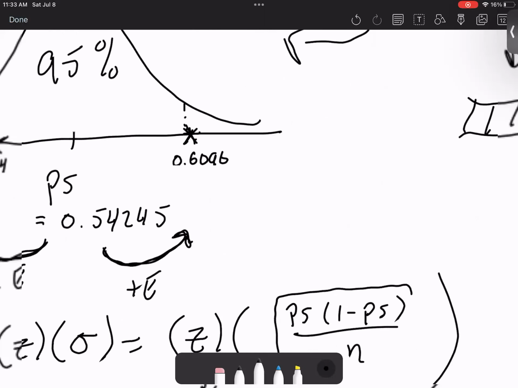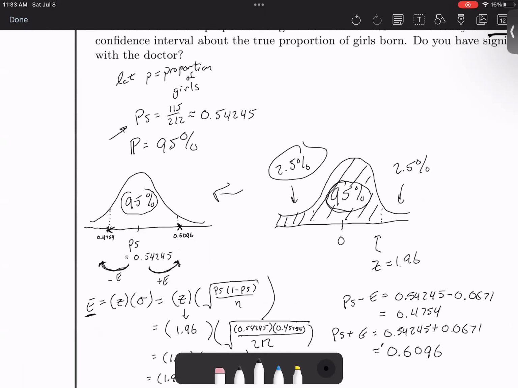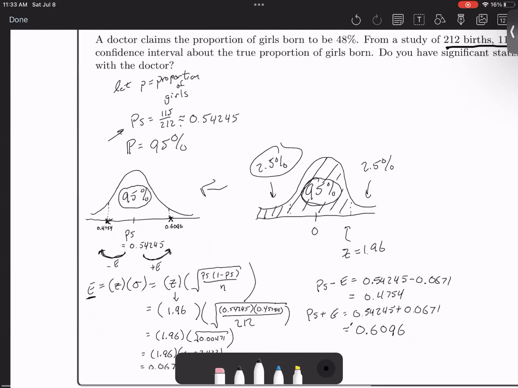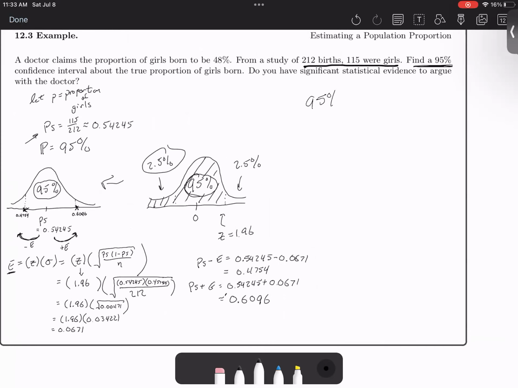So we just told ourselves that we are 95% sure that the true proportion of girls is somewhere between these 2 points. So we're 95% sure that P, the proportion of girls, is between, what's the lower bound? 47.54%.